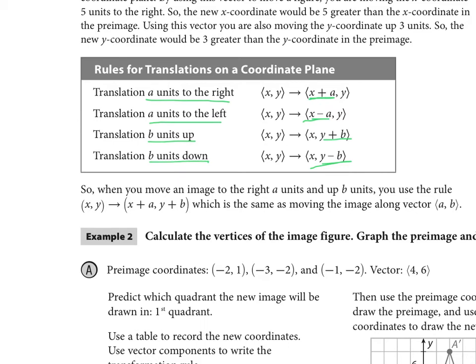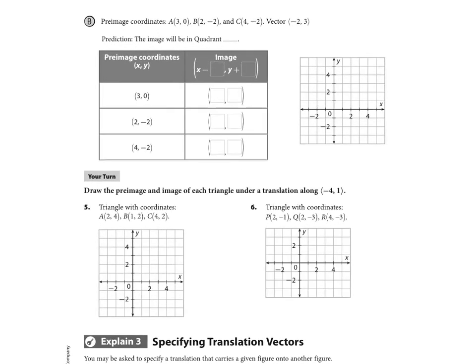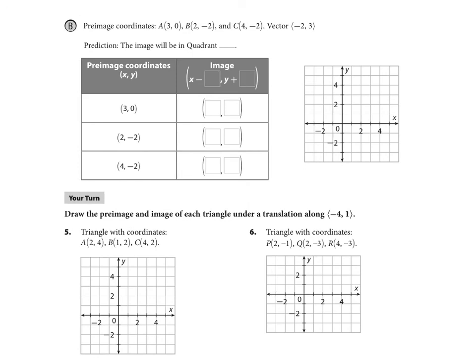Okay, so let's skip this example and go to page 67 and look at the example at the top of that page. So you're going to draw that image. You have a little triangle, and the vector is -2, 3.